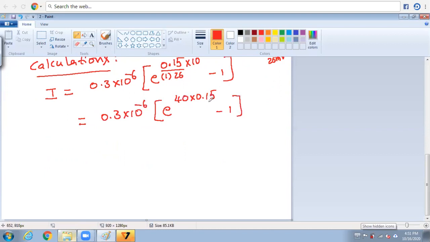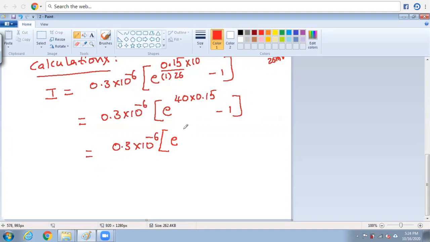For 15 fours are 60, then 0.3 into 10 to the power of minus 6 times e to the power of 60 into 0.15, which is 6.